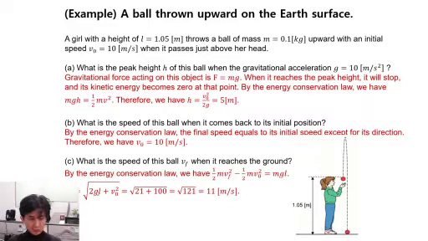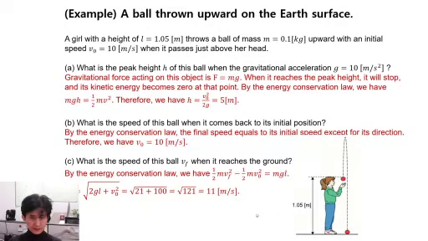And G is 10 and L is 1.05, so 2GL becomes 21, and V0 square is 100. That is square root of 121, that is equal to 11. So the final velocity just before it hits the ground becomes 11 meters per second.